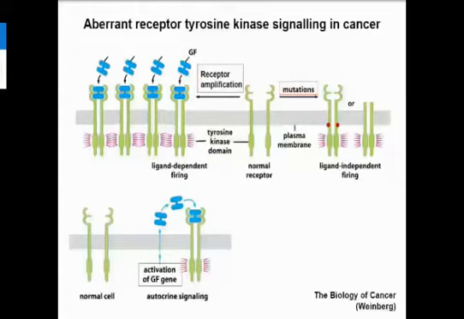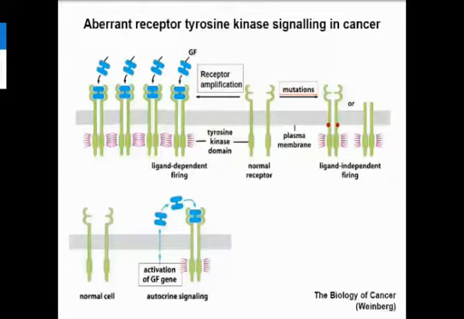Mutations can arise in these receptor tyrosine kinases, which cause ligand-independent firing of the kinase. So these can either be point mutations, as indicated by this little red dot, or truncations where you lose most of the extracellular region, and now this receptor tyrosine kinase is able to be constitutively active in the absence of any ligand and can drive a cell to uncontrolled proliferation and cancer.